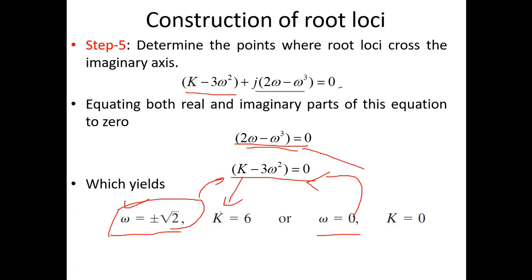From this equation you are actually getting three values of ω: two values are plus or minus root 2, and one value is 0. So there are three roots of this equation. By putting in the values, you will get the value of K. The first K is 6 and the second K is 0.